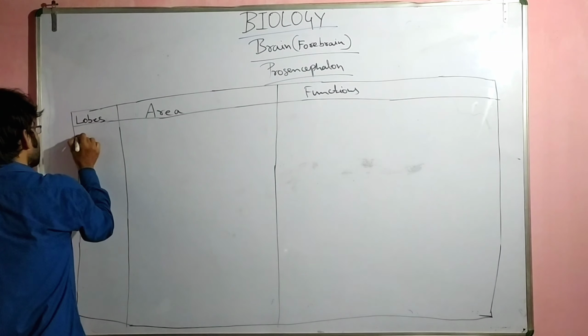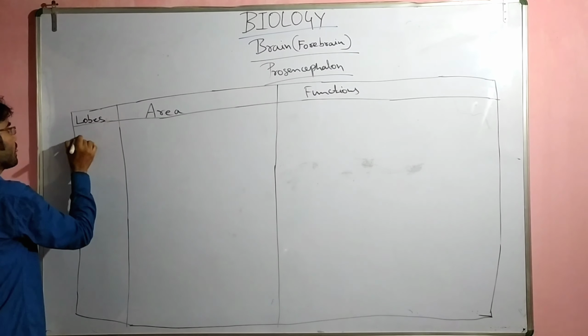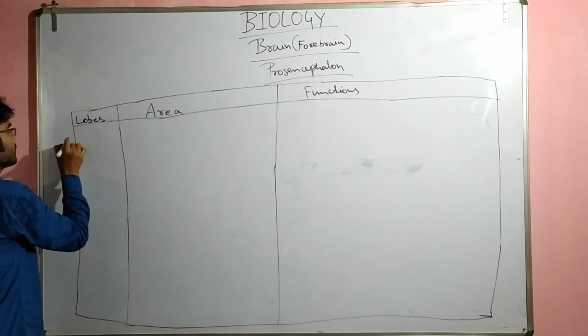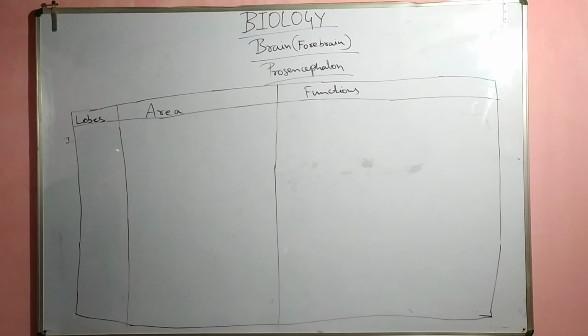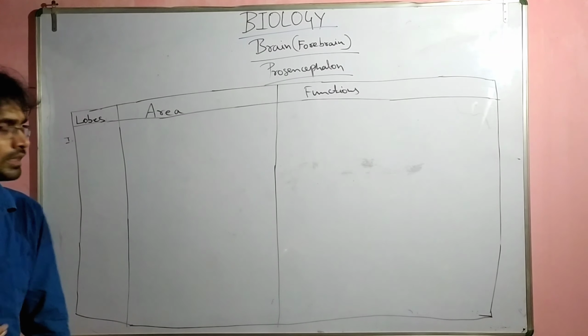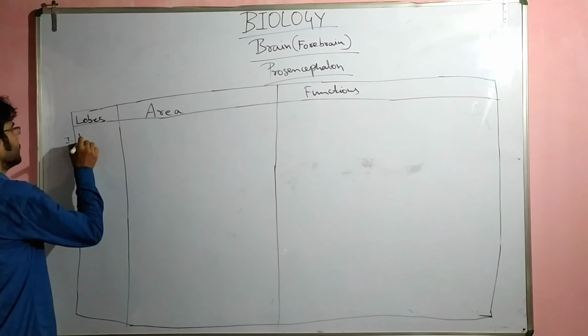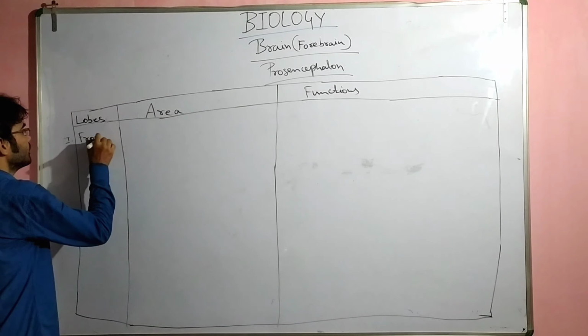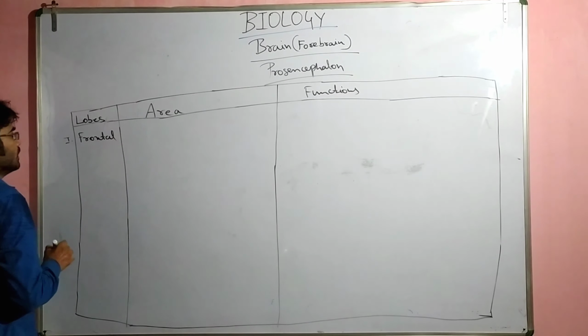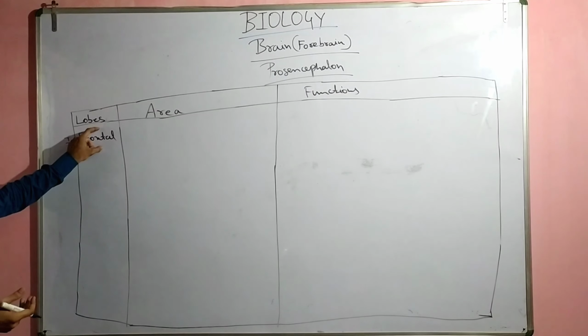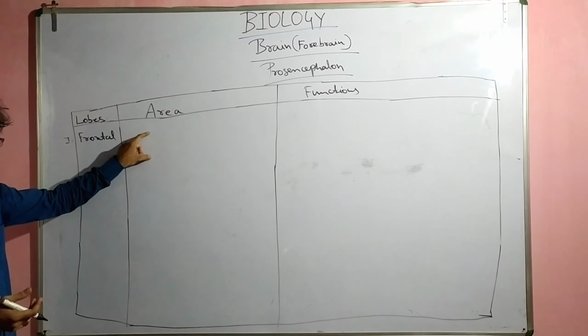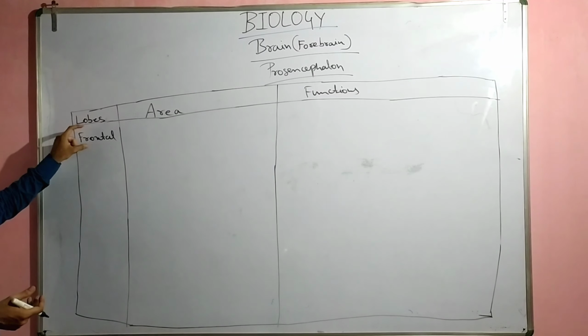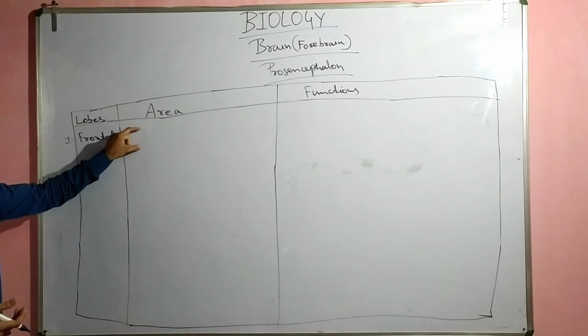The first one is the frontal. The frontal lobe consists of four areas.